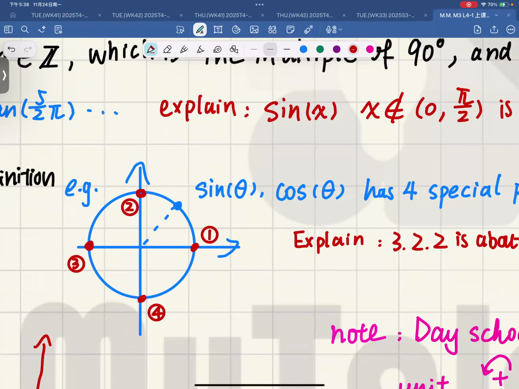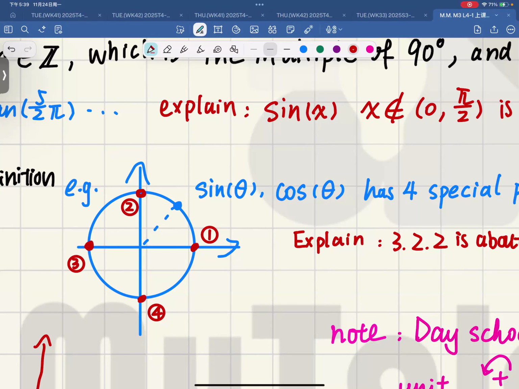And cosine theta is equal to 1, right? At position 2, sine 90 is equal to 1. But cosine theta is equal to 0, right? Position number 3, sine theta is equal to 0.